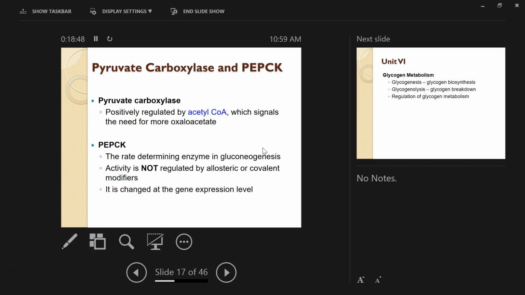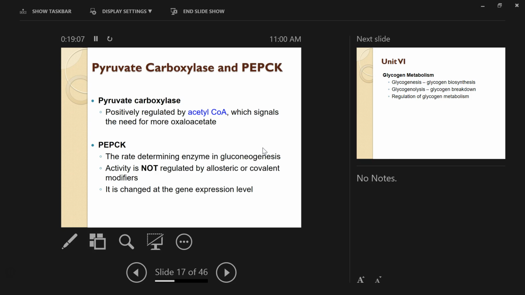And PEP-CK is one of the key enzymes in gluconeogenesis, and actually there are two key enzymes to regulate, right? Pyruvate carboxylase and PEP-CK.